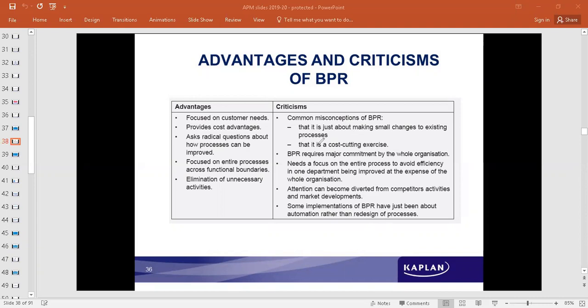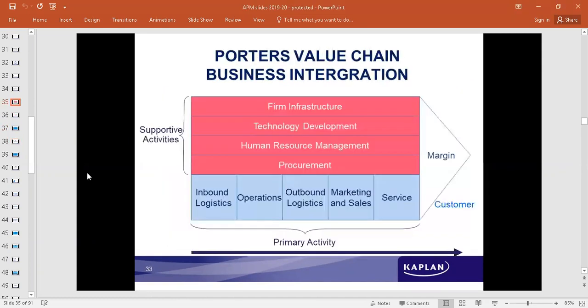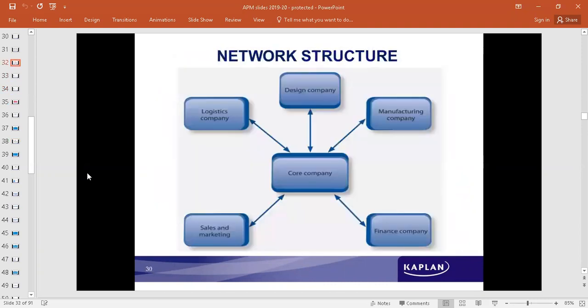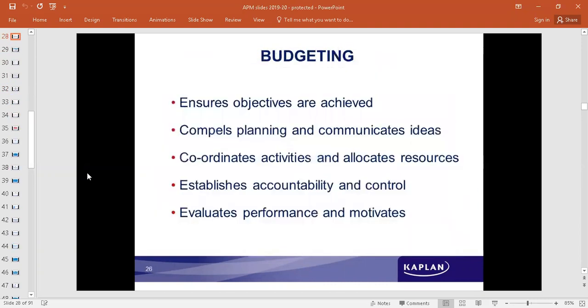Quite a lot of content we have covered in today's class. Many topics we've covered. We've done one case study also, but there are some case studies which are pending now. We will have to do the budgeting aspect.